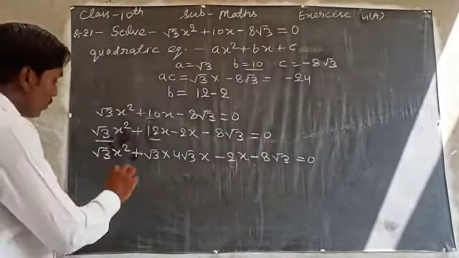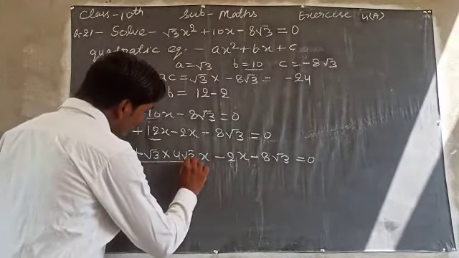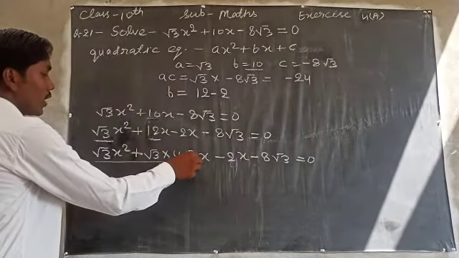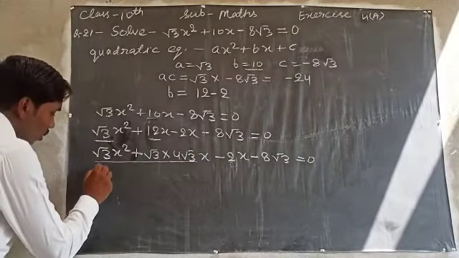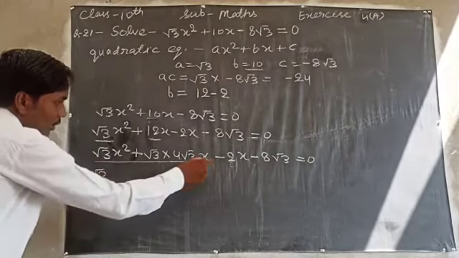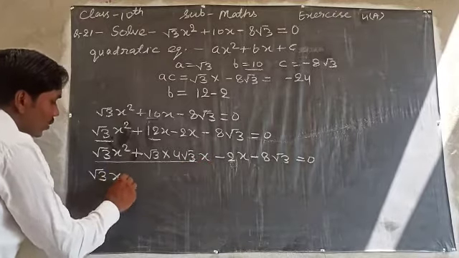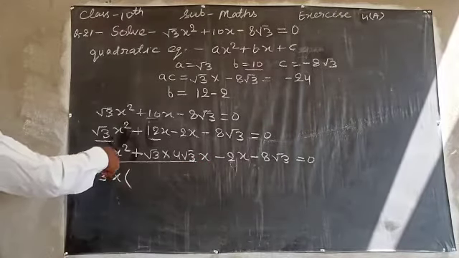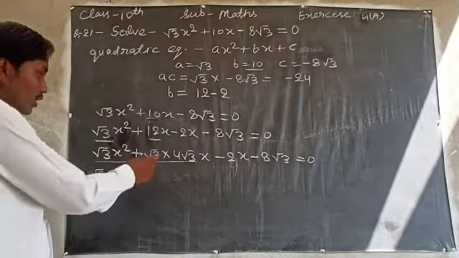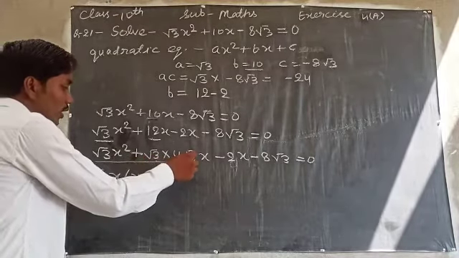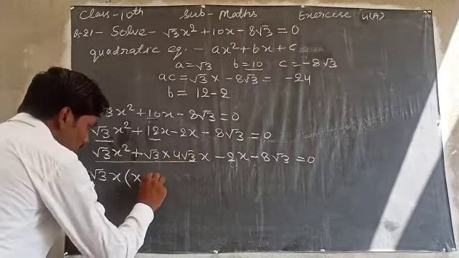Now from these two parts we will take common root 3 and x. So here one x will remain, and when we take root 3 common, here it will remain 4 root 3.